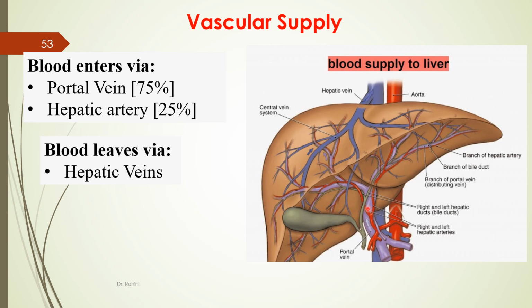The hepatic artery is a branch of the celiac trunk, which divides into right and left terminal branches when it enters the porta hepatis. It is responsible for providing 25% of the blood to the liver. The major portion, 75%, enters by the portal vein. After circulation through the liver, the blood comes out through the hepatic veins into the inferior vena cava.